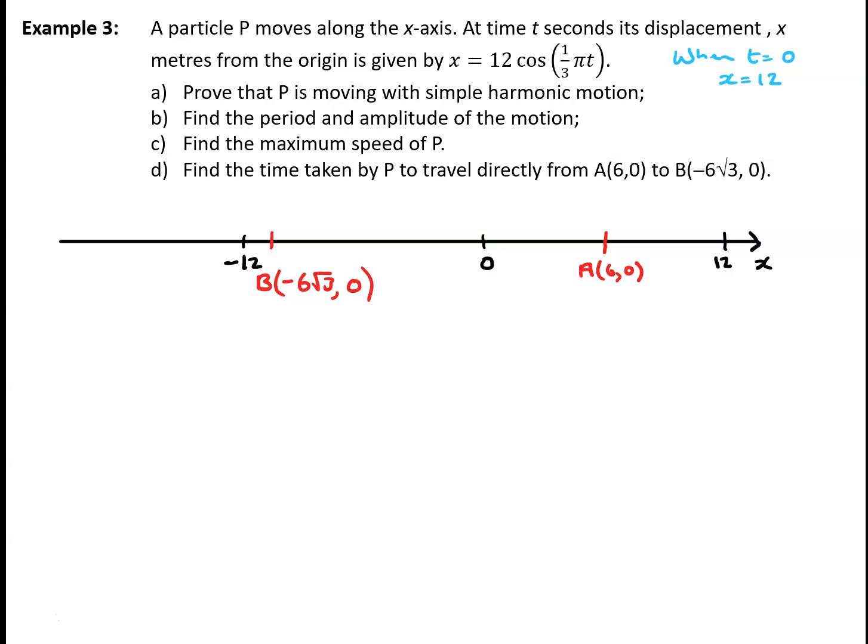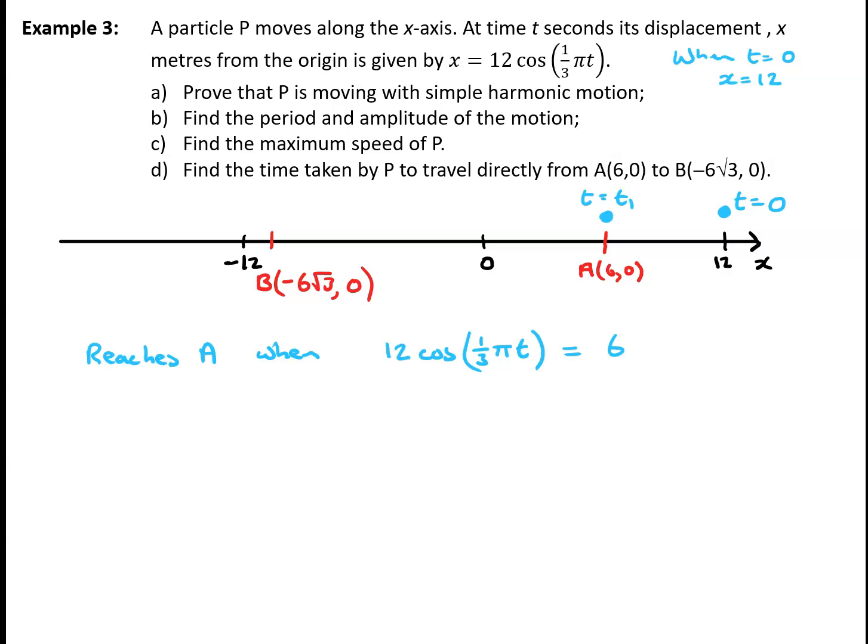When t equals t1, let's say, the particle reaches the point A for the first time, and that will be the first positive solution of the equation 6 equals 12 cos a third pi t.